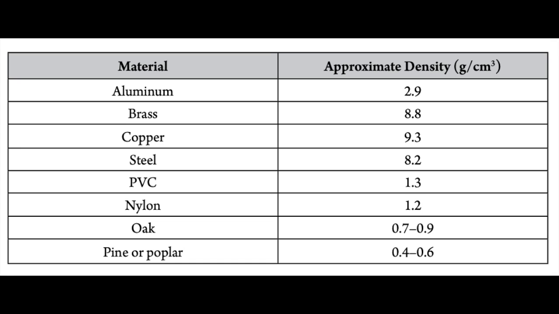We've already filled in for you that the volume is 15.6 cubic centimeters for each one. You're going to fill in the mass. You're going to calculate density by taking the mass and dividing it by the volume with your calculator and rounding it to the nearest tenth. Where it says material in the right column, you're going to look at the chart down below and see if you can figure out what that material is based on the density you've calculated. We're not going to tell you the answers. You're going to figure it out.